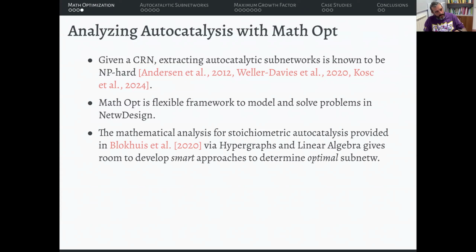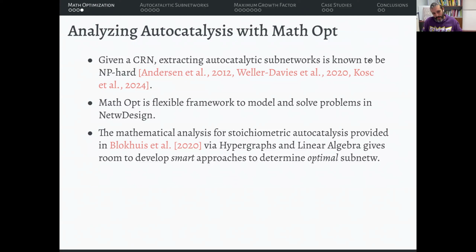And also there are different steps that we need to apply to write or analyze our chemical reaction network problem as a math optimization problem. The first one is to model the problem. I mean, I want to find a way to write my chemical reaction network problem as a math optimization problem.